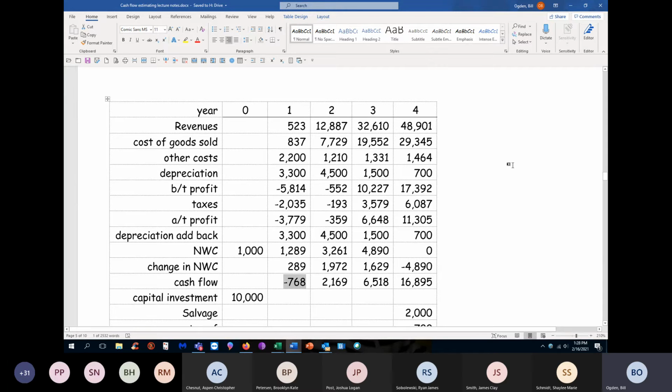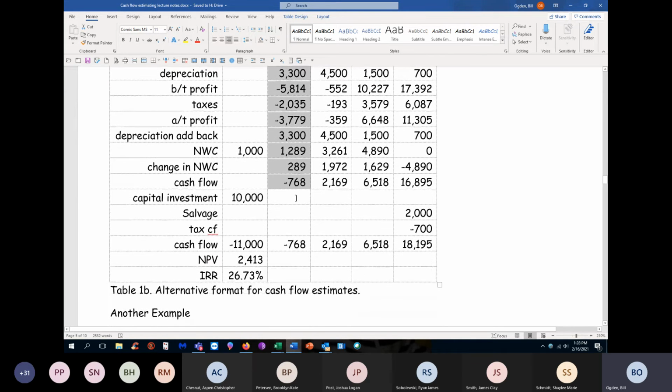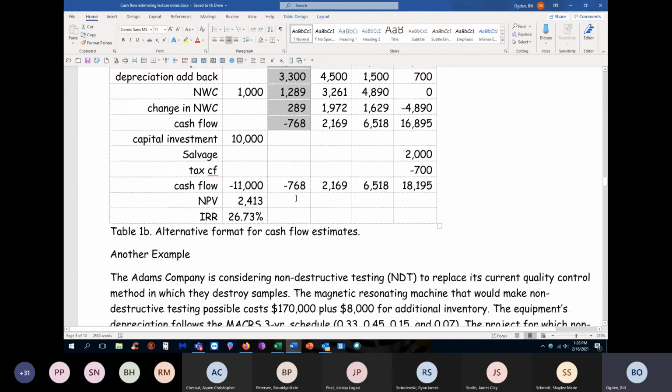All right. And so this is what your book would be doing. If you were working this problem in your book, this is what your book would suggest. And I prefer not to do it this way. That's just me. Whatever, if you'd prefer to do what the book shows, that's fine with me. You get the same answer. So we'll get exactly the same thing.